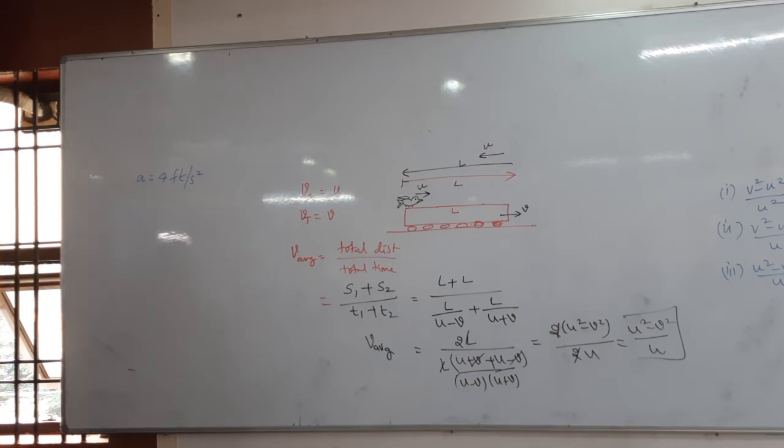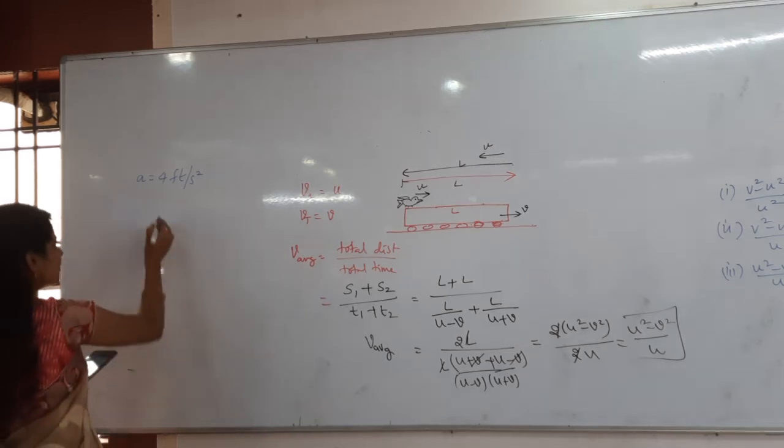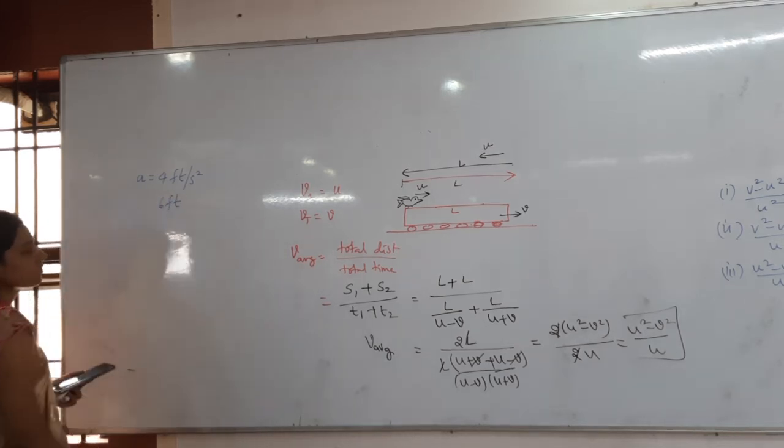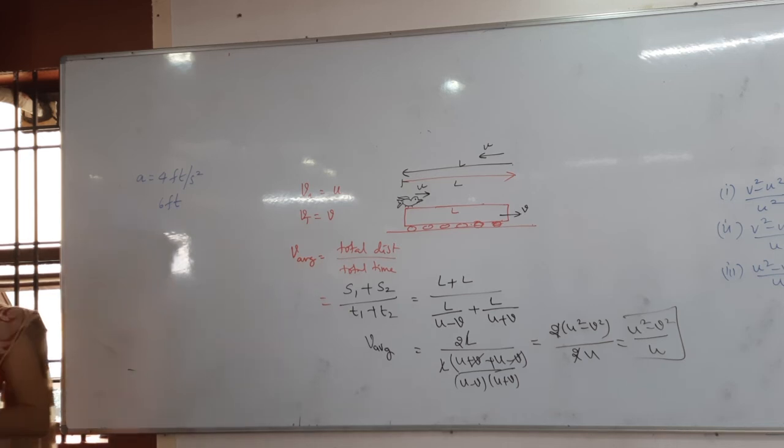At the same time, a bolt falls from its ceiling, 6 feet above the floor.